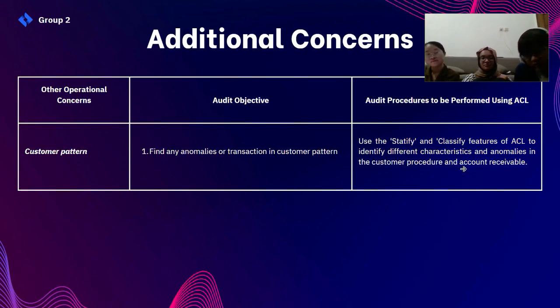Okay, now we move on to the additional concern, which is how to identify the customer pattern. So what is the objective of this session? We want to find anomalies or transactions in customer patterns.